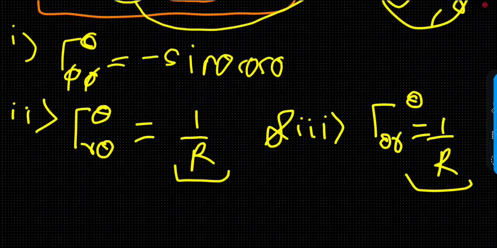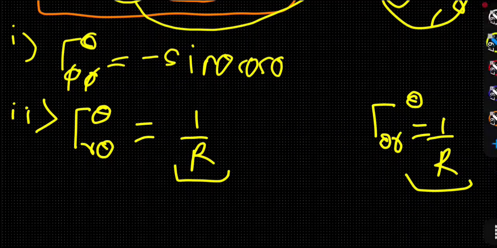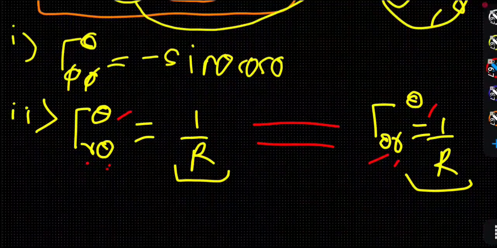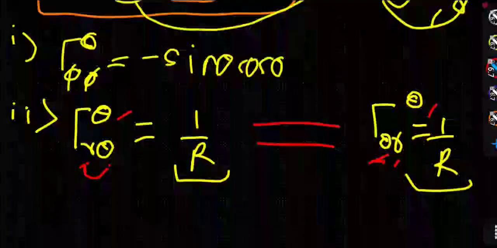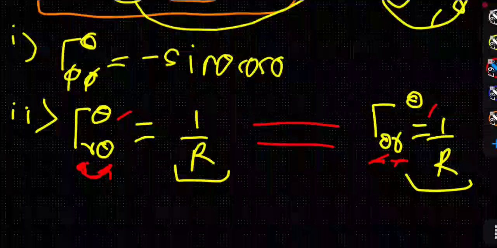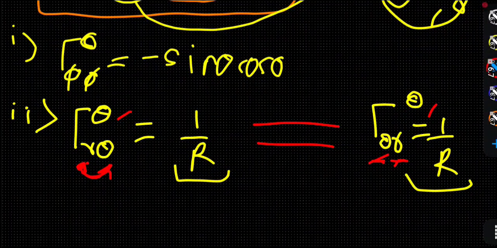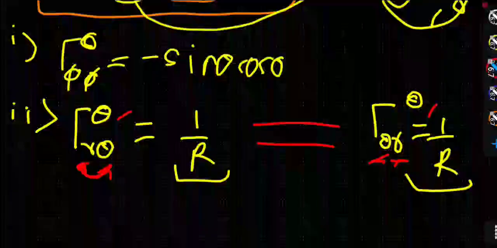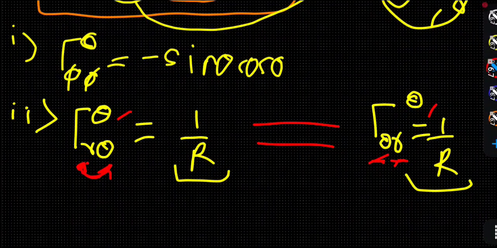So I'm going to remove this sign and equate them: the Christoffel symbol Γ^θ_rθ is equal to Γ^θ_θr. The only difference is that here θ is first and r after, and there r is first and θ after. So these two are the same Christoffel symbol. Okay, so we have derived three Christoffel symbols, but since two are the same, only two distinct ones have been derived from this equation.